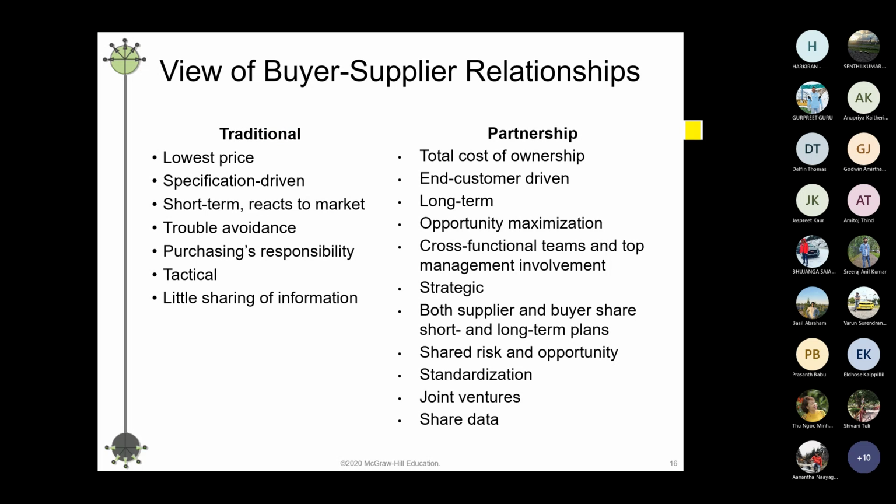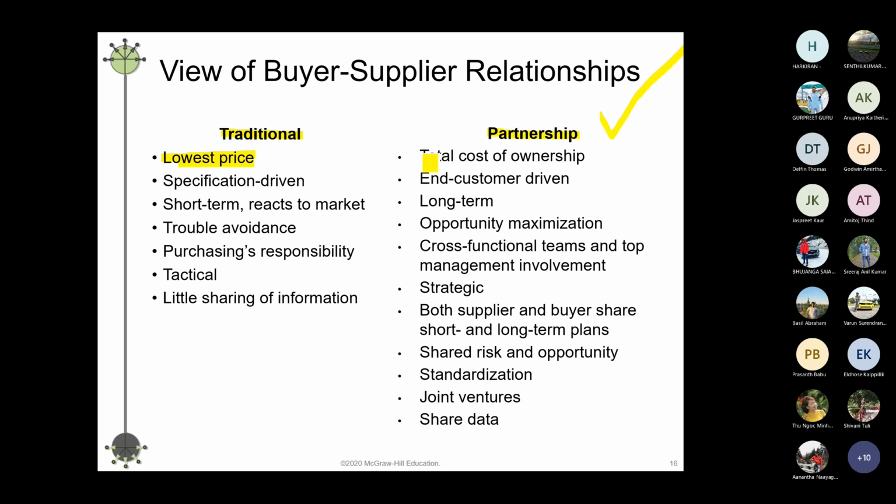This slide is absolutely important. It's trying to compare the traditional relationship between buyers and suppliers and the new one, which is partnership or alliances. So what are the values, and how has it changed over time? You used to just consider the lowest price.